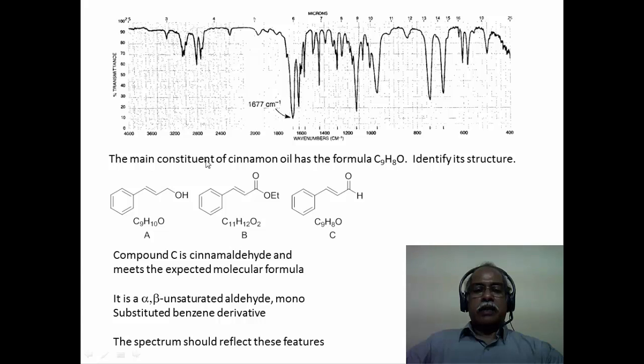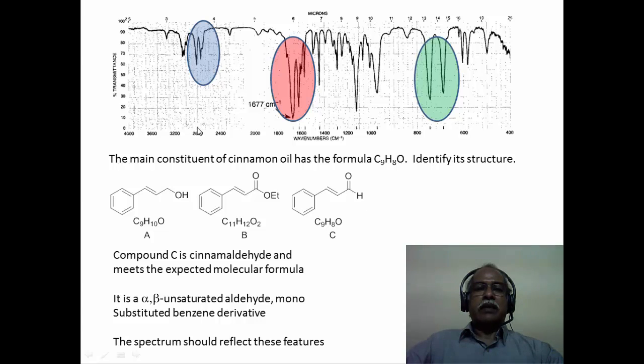One can also look for the CH stretching frequency of the aldehyde in the infrared spectrum. Now if you look at the highlighted areas clearly, it tells you that there is an aldehyde functional group, an alpha beta unsaturated aldehyde or carbonyl stretching frequency; 1677 corresponds to that. In fact, you can also see the C double bond C stretching frequency by the side of it because it is an alpha beta unsaturated system, and the CH stretching frequency of the aldehyde, which comes around 2800 inverse centimeter as a two line pattern, is also very clearly seen.